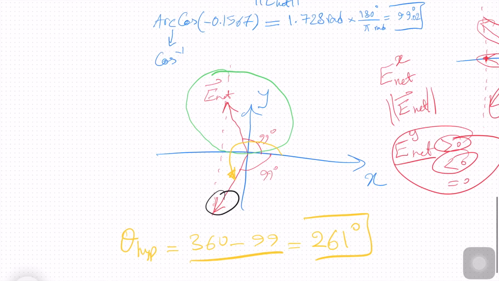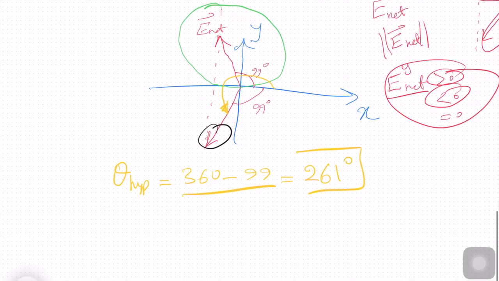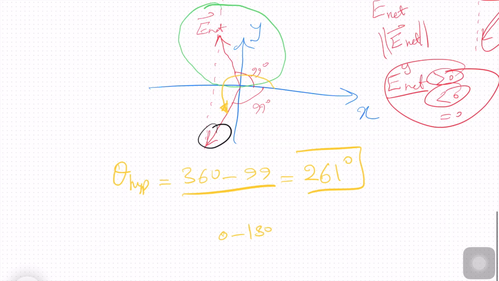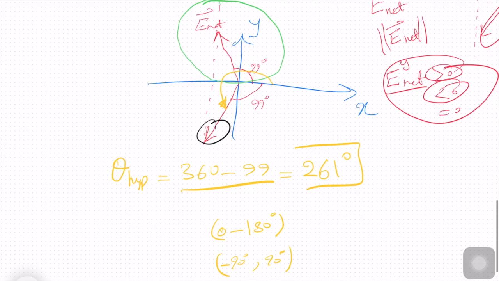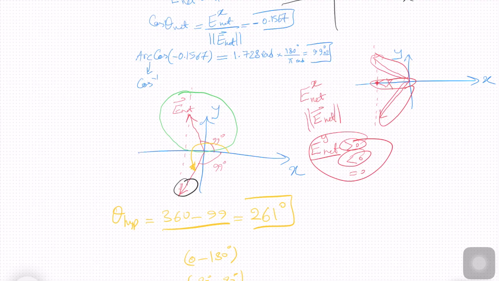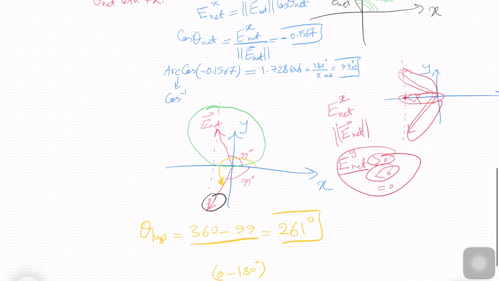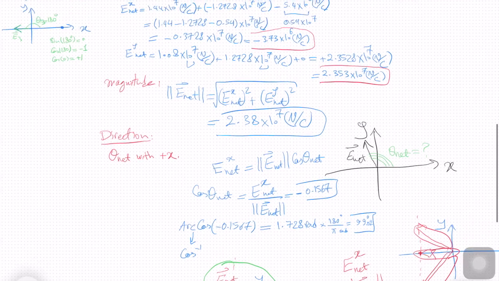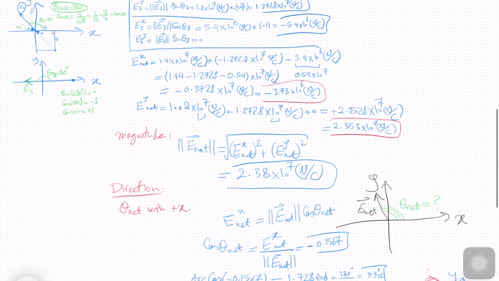So that's the difference, okay? But your calculator typically will give you numbers that are between 0 to 180 degrees, or maybe minus 90 degrees to 90 degrees, depending on the function that you input. So this is something that you have to take care of yourself by just thinking about the problem, looking at it and seeing if it makes sense.